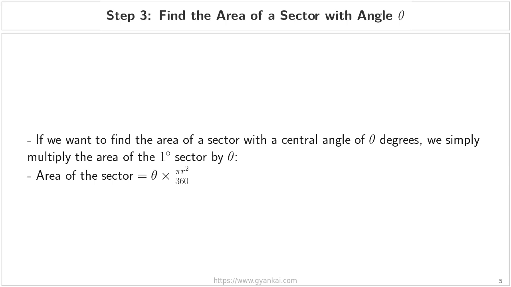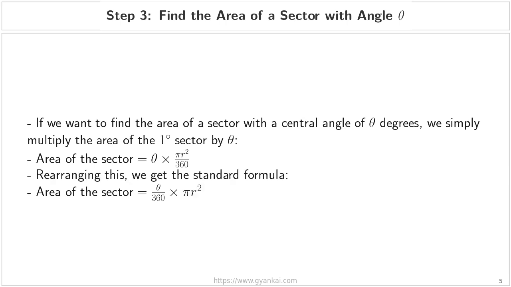So, the area of the sector equals theta multiplied by pi r squared, all over 360. If we rearrange this slightly to make it easier to work with, we get our standard, final formula. The area of the sector equals theta divided by 360, multiplied by pi r squared.